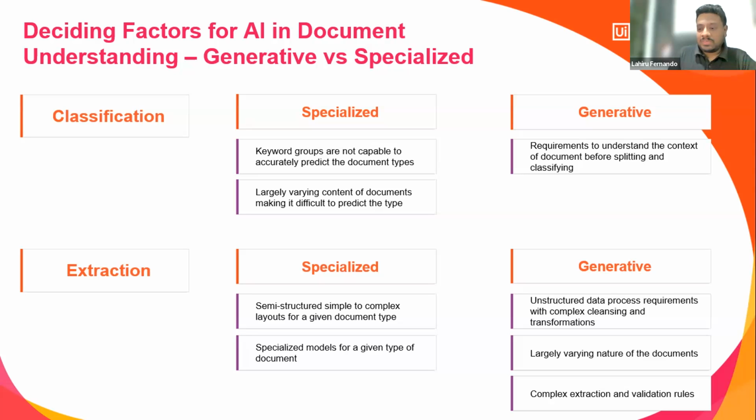For example, if you have a table that you want to extract, you can extract it and directly convert it to a JSON structure through the extractor itself. I'll show you one example as well. So these are the things you can use for document processing, and once you identify all these things, you can decide whether to go with specialized AI or generative capability.